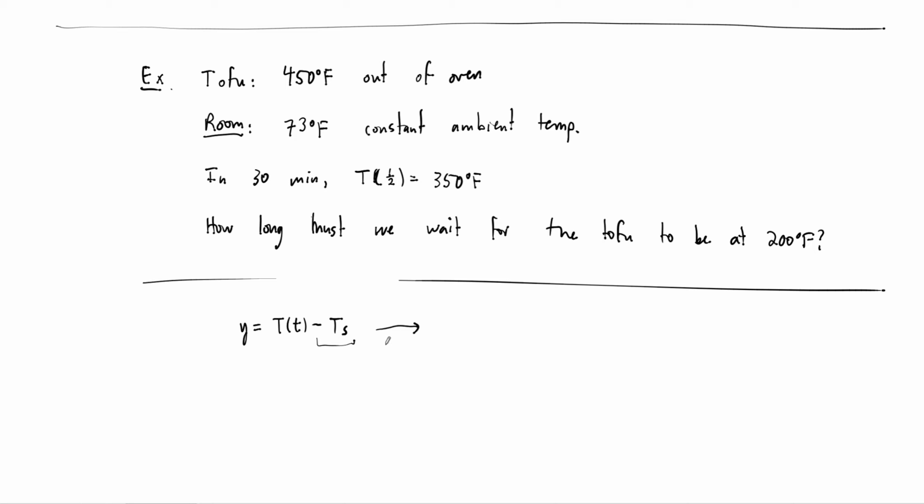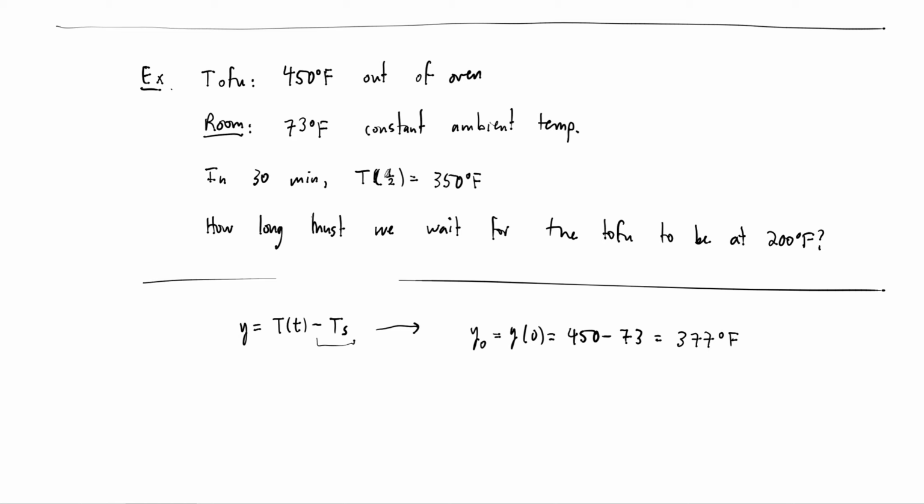So our initial y sub 0 is no longer going to be 450. It's going to be y of 0, which is 450 minus the ambient temperature, minus 73. So that's going to be 377 degrees Fahrenheit. There's our initial temperature.